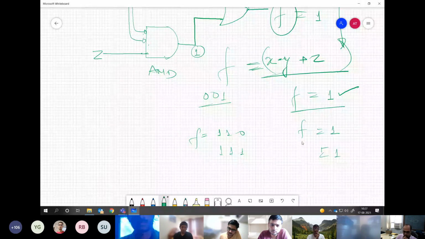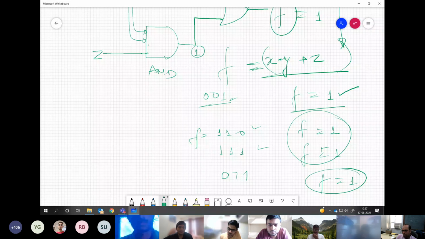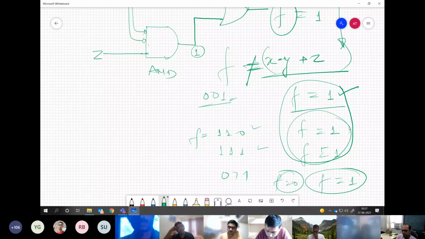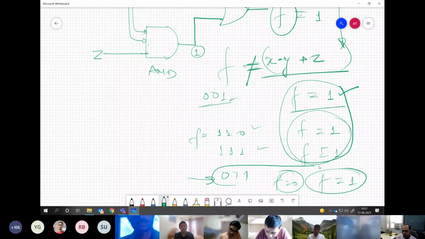So yes, it is giving correct value for these combinations, but is it giving 0 value for any other combination? For example, let us take 011. It's not satisfying. So it's still giving 1, whereas it must have been 0. So then this is not true. This is what I'm trying to point out. It not only has to satisfy these three conditions, but it has to satisfy all other combinations as well. It has to be false for any other combination.